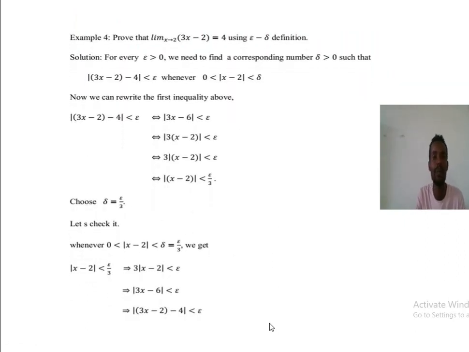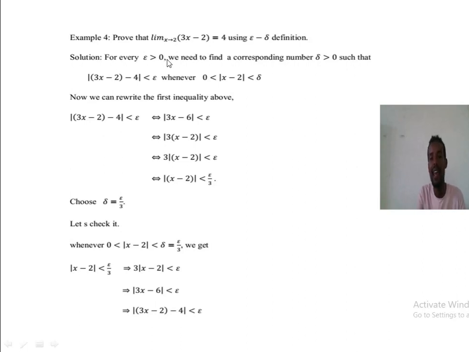Example number 4. Prove that the limit of 3x minus 2 as x goes to 2 is 4 using epsilon delta definitions. So here, using the formal definitions of limits by identifying what is a, what is f of x, and what is L, then by applying the epsilon delta definitions, we can prove like this.